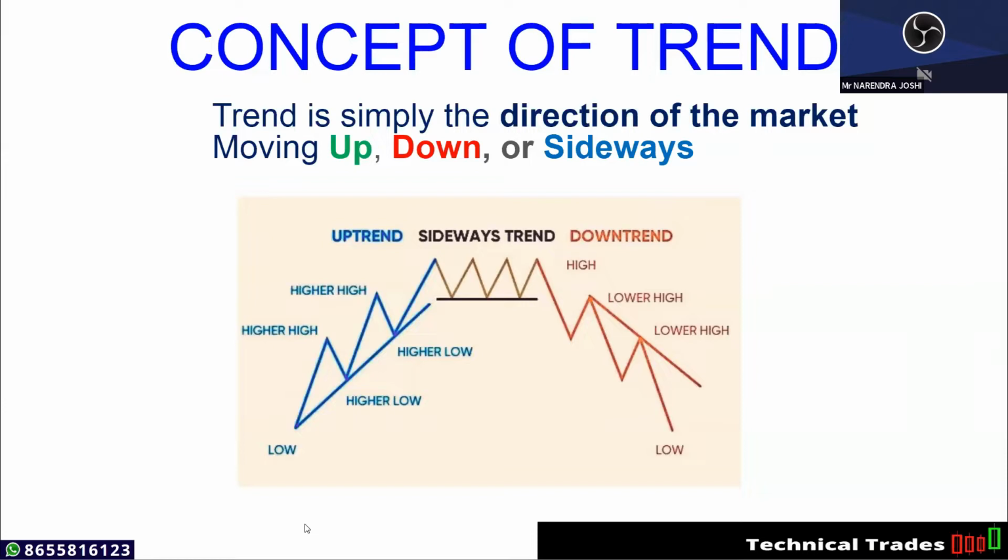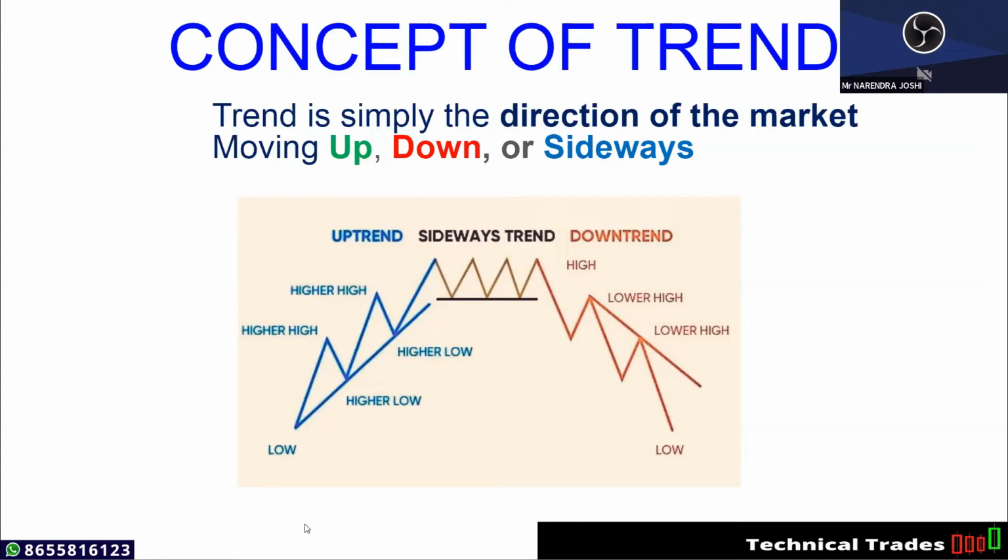From a lower level, the market makes a high and then a higher low, then again breaks the previous high and makes another low which is higher than the previous low. So it is an uptrend. Trend is simply the direction of the market: moving up, down, or sideways. There are basically three trends in the market: uptrend, sideways, and downtrend.